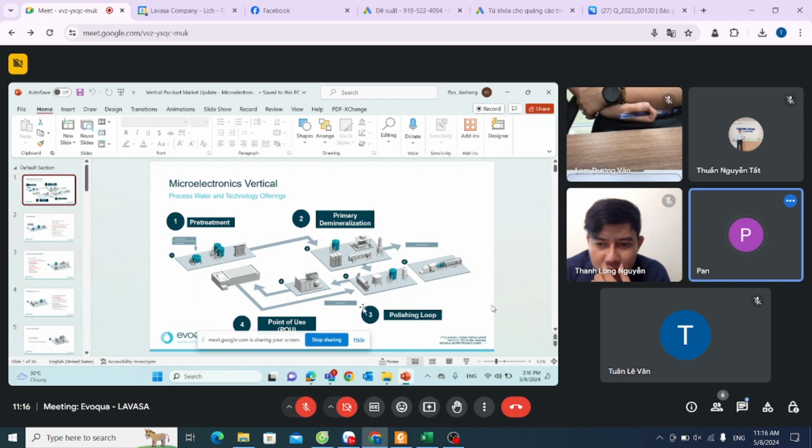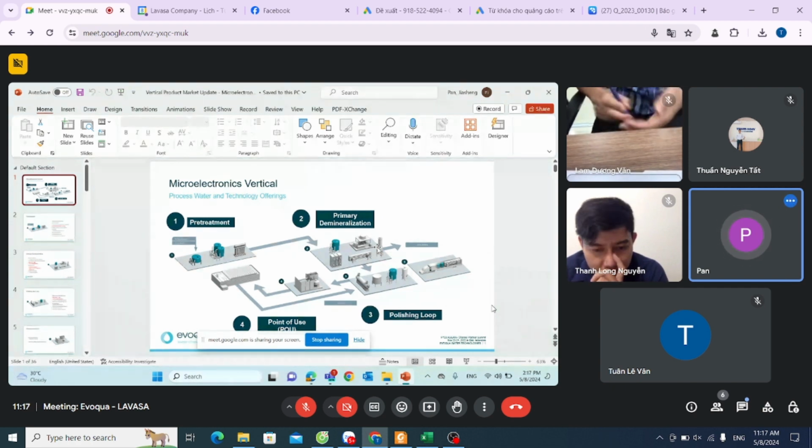All right. So EDI, for most of the time, is used in a makeup loop. In pre-treatment, there's activated carbon and a multimedia filter, and sometimes UF. Then it goes into the makeup loop, where there is RO, UV TOC, sometimes a liquid cell, and afterwards the EDI, and then a tank.